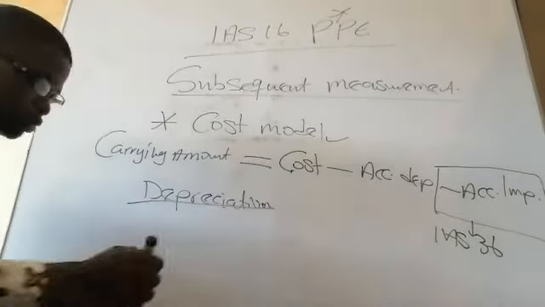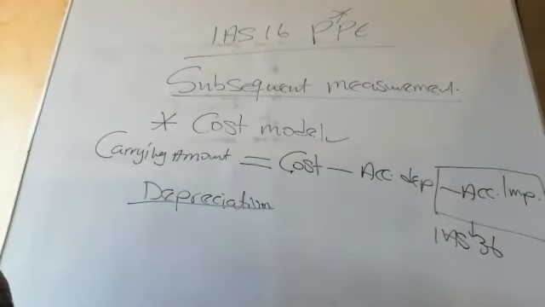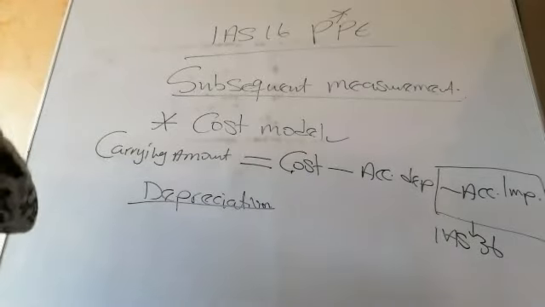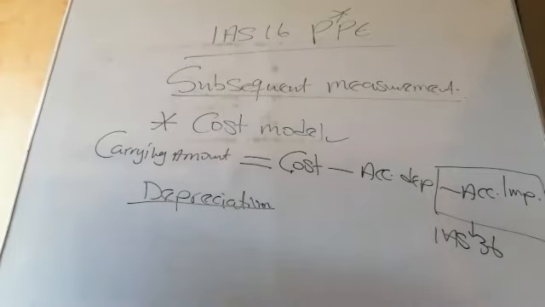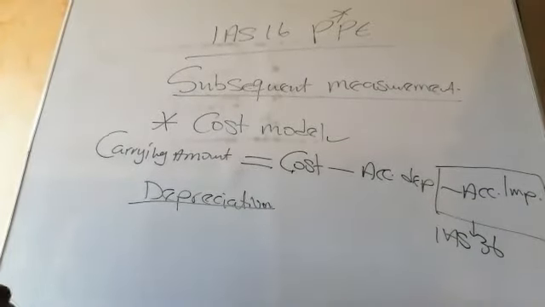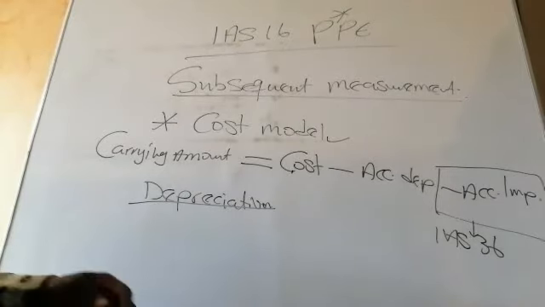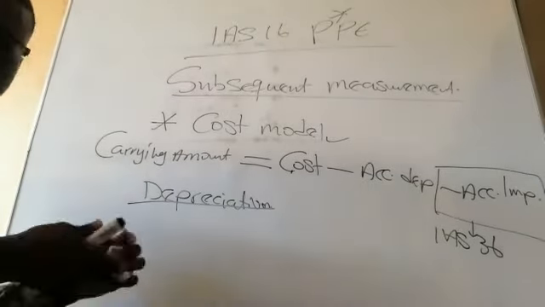At this stage, the central focus is not the calculation, but the examiner assumes that you know depreciation from the second floor. Depreciation is a systematic allocation of the depreciable amount over the asset life.